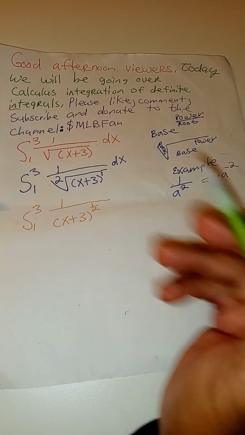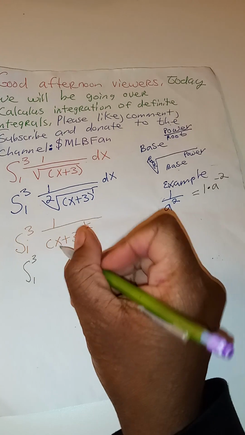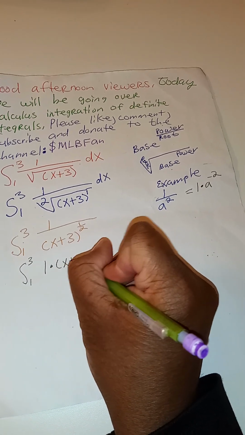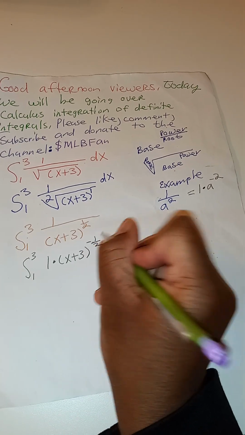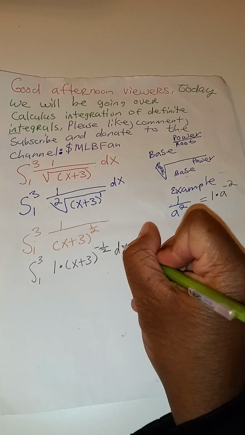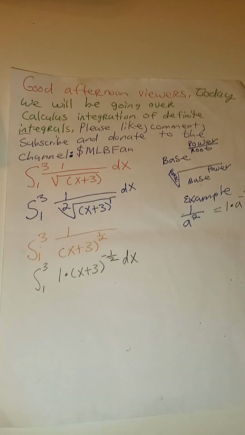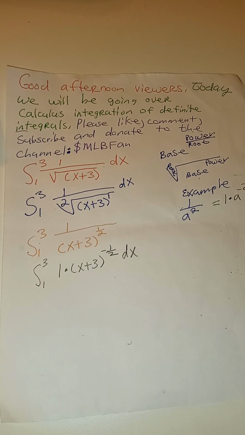So now the integral from 1 to 3 of 1 times x plus 3 to the negative 1/2 dx. So now we can begin to integrate.